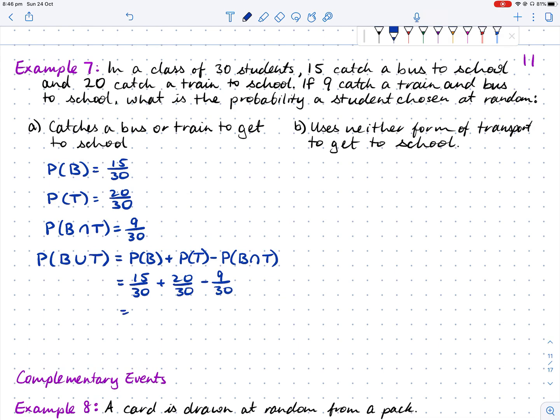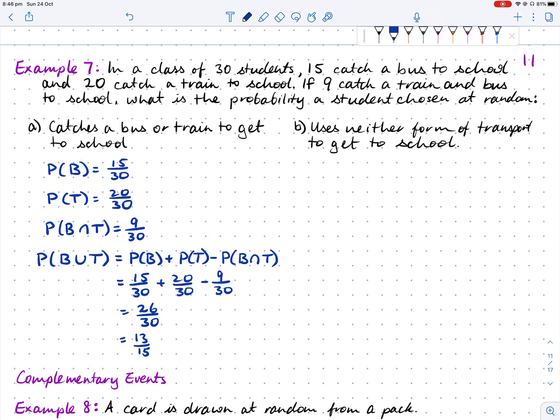When we work that out, 15, 20, take off the 9, that's 26 out of 30. And then if we simplify that, that's going to give us 13 out of 15.